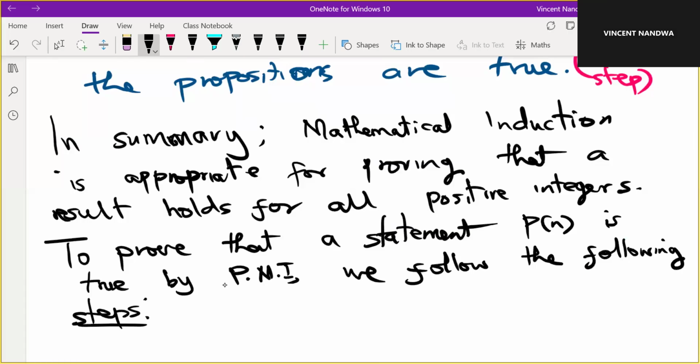So usually you will be given a statement and then they don't directly tell you that this is P of n. So what you do, you just say that what is given, you call it P of n.